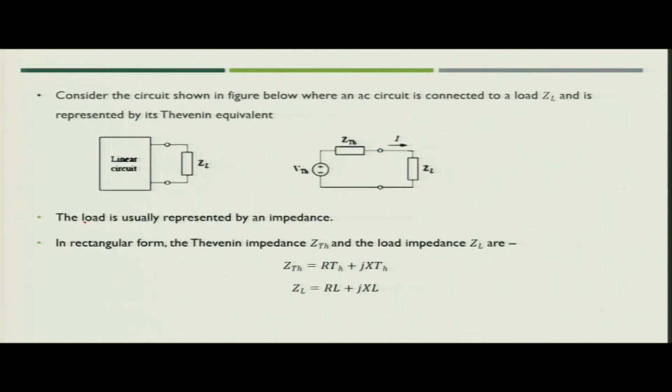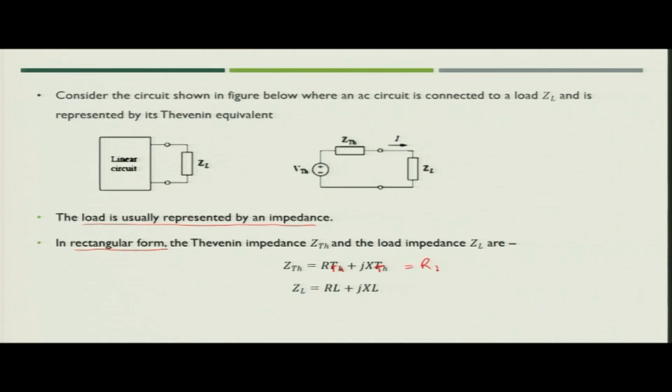Now, the load is generally represented by an impedance. That is why here we are representing the load with ZL. Now, let us represent ZL and ZTH in rectangular form. You can write ZTH as RTH plus jXTH, and ZL as RL plus jXL.